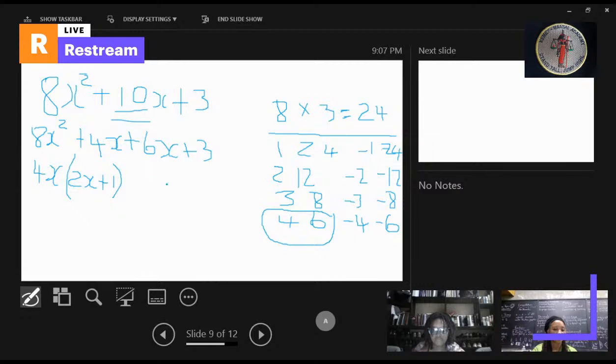And for the other pair, the HCF of 6x and 3 is 3. So 3 into 6x is 2x, and 3 into itself goes 1 time, so 2x plus 1.